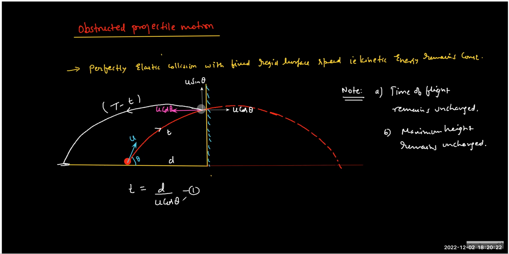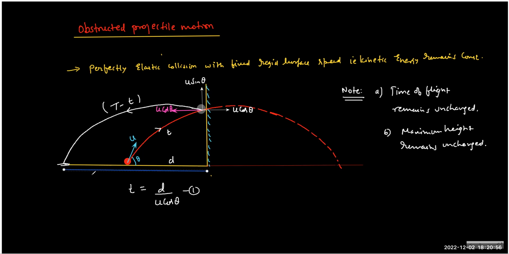Yes, sir. Now, this much time you have already spent. How much time do you have left to travel in air? The remaining time is how much? T minus t, right? Yes. And what is your horizontal velocity even after the impact? It is U cos theta itself, right? Isn't it? Yes. From here onwards, you will reach here in time how much?